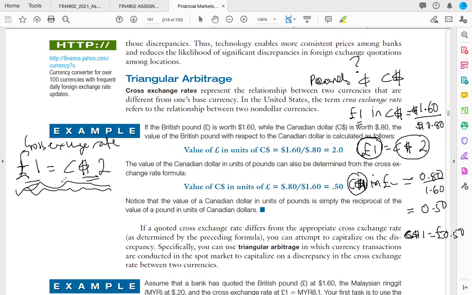But then you might go into a bank and find a bank quoting 1 pound being equal to 2.4 Canadian dollars. So this is what might actually be in a bank.